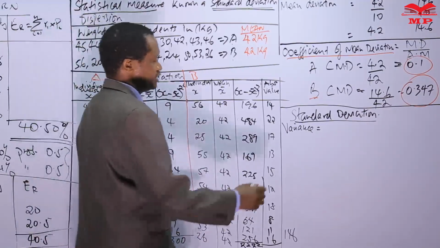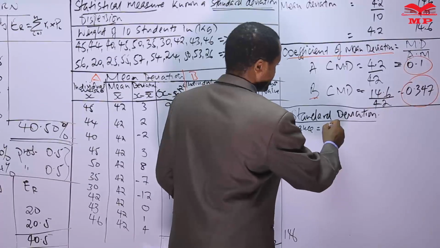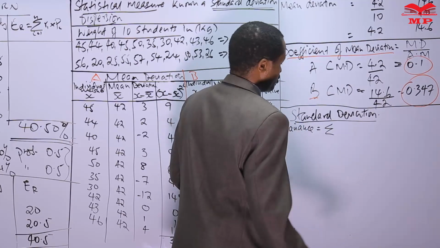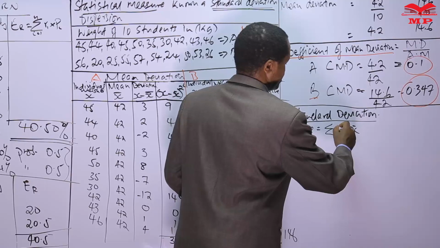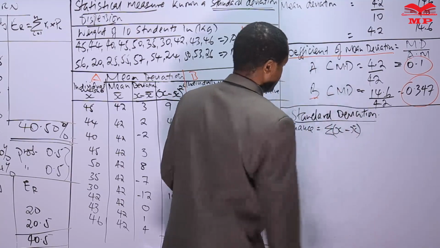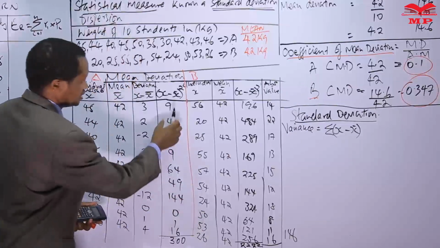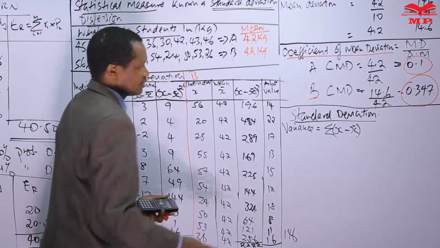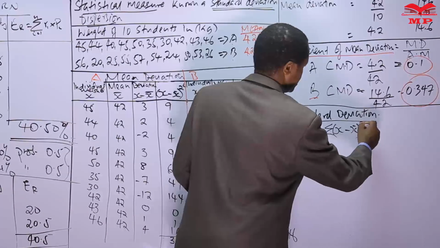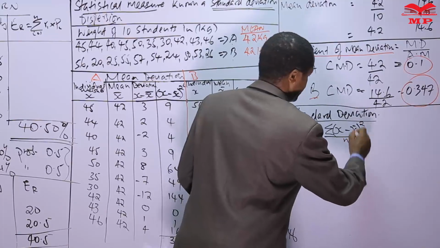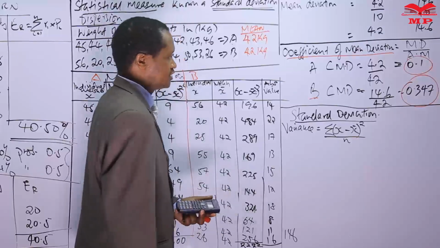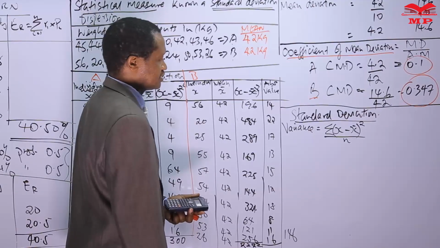So we take the summation of x minus x bar, remember this is squared deviation, we square this, then we divide by the n or f. That will give us the variance.